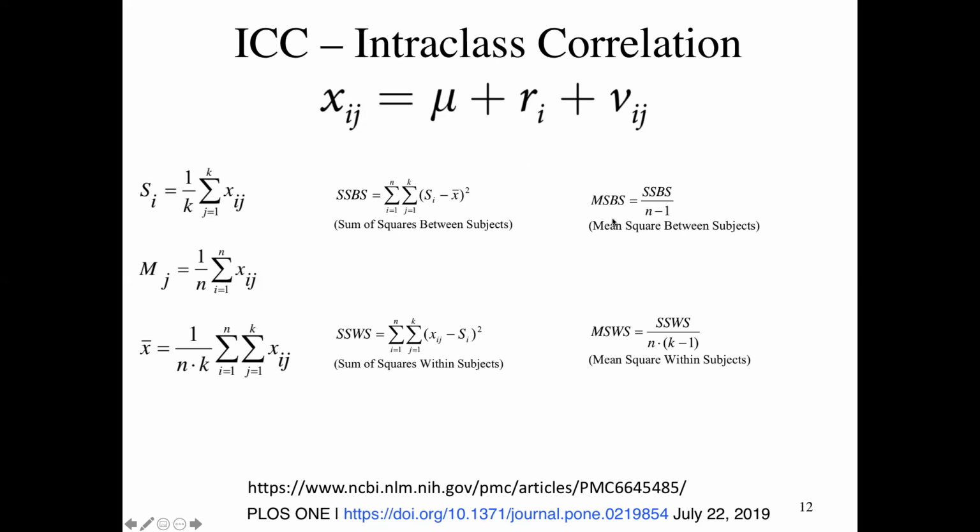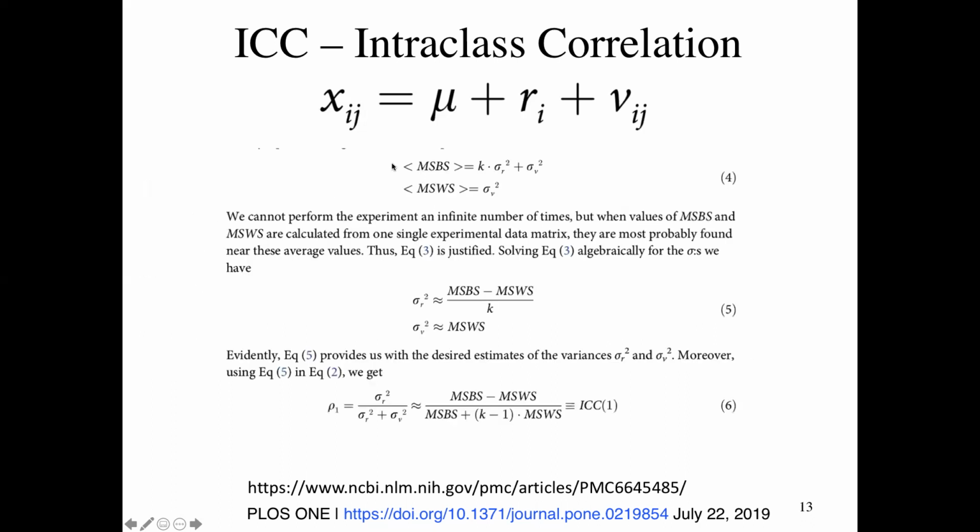So there's n-1. This gives you the mean square between subjects, right? And then the sum of squares within subjects, we have this, where we're actually doing the computation over the entire field of all of the measurements. And then we use these two: the mean square between subjects and the mean square within subjects.